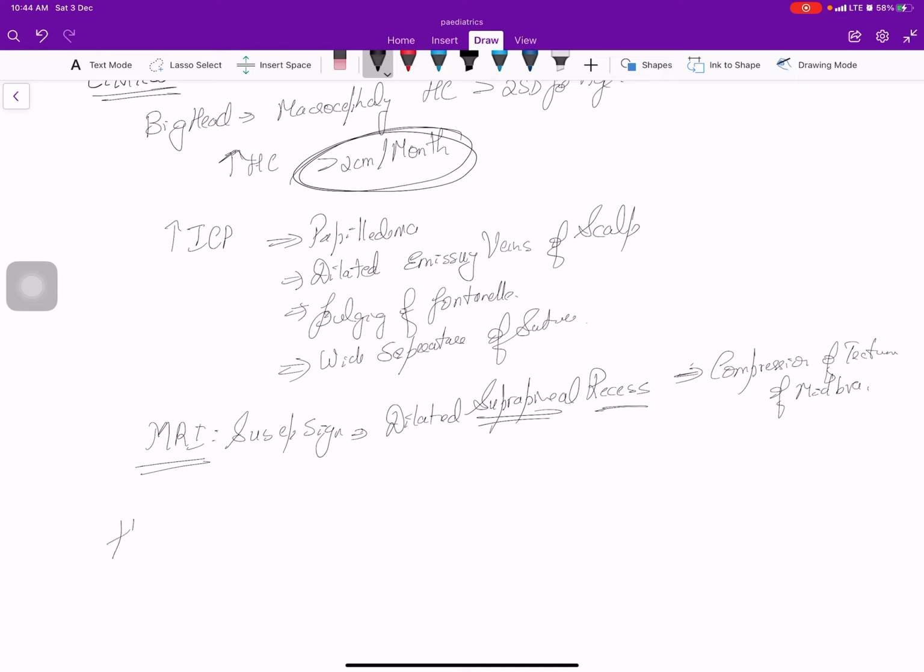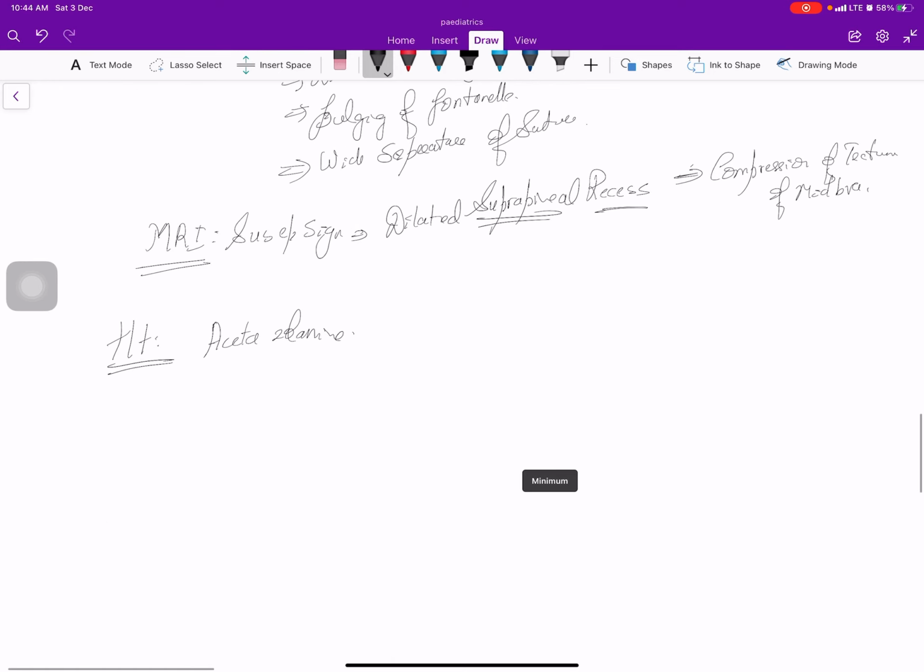So treatment: the drug of choice decreases intracranial pressure by decreasing production of CSF, using acetazolamide, which is a carbonic anhydrase inhibitor. Surgery would be a better option, wherein we have a VP shunt, ventriculoperitoneal shunt, or we could have a ventriculoatrial shunt, which I think would be preferred in case of vein of Galen.